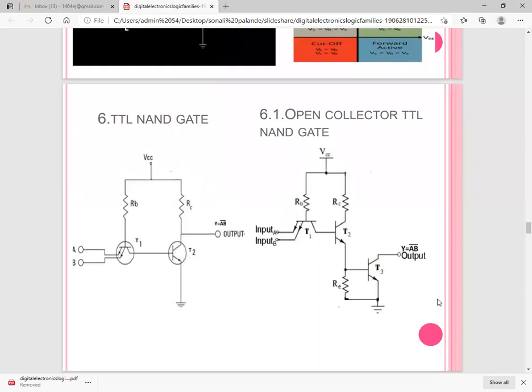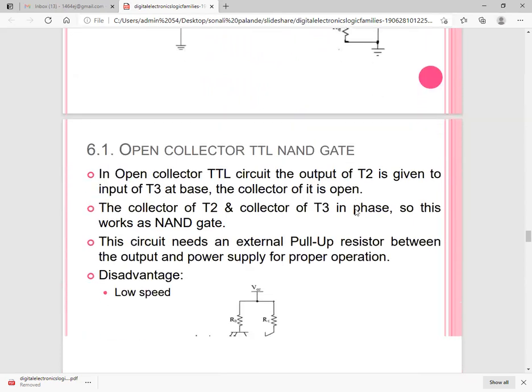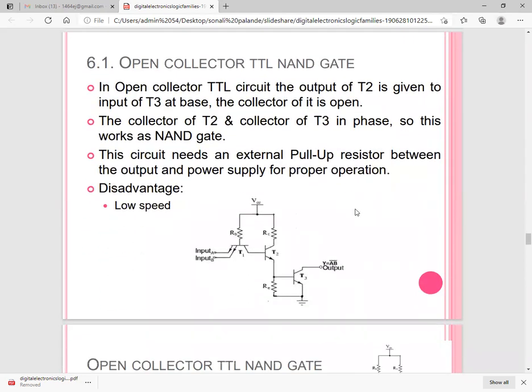So the next point is the TTL NAND gate and the open collector TTL NAND gate. This is the circuit diagram of the TTL NAND gate and this is the circuit diagram of the open collector TTL NAND gate. In the open collector TTL circuit, the output of T2 is given to the input of T3 at the base.